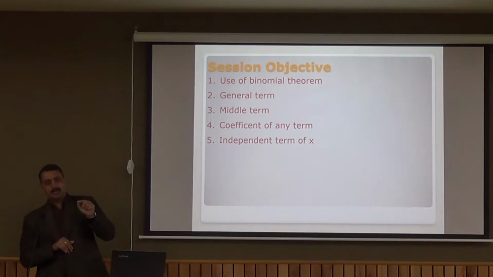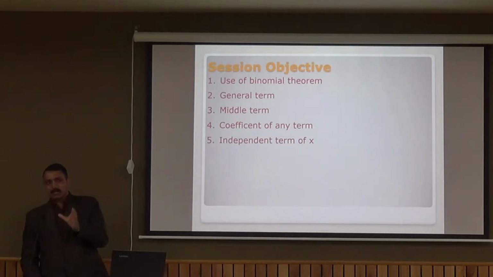So a³ + 3a²b + 3ab² + b³. One more thing you observe: when we expand (a+b) whole square, how many terms do you get? You get 3 terms. When we expand (a+b) whole cube, how many terms do you get? You get 4 terms.